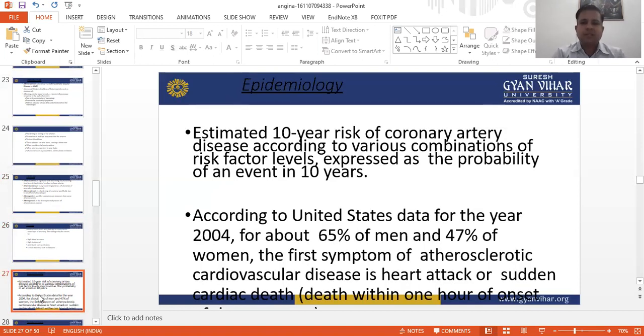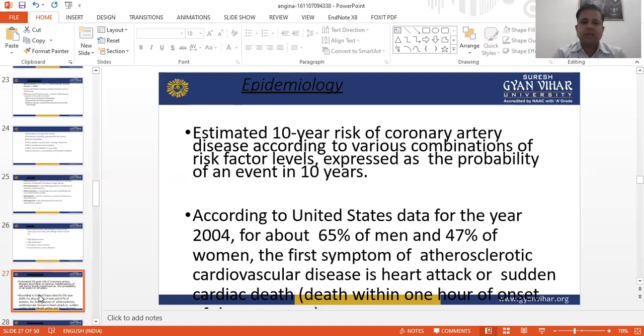Epidemiology: estimated 10-year risk of coronary artery disease according to various combinations of risk factor levels, expressed as the probability of an event in 10 years.